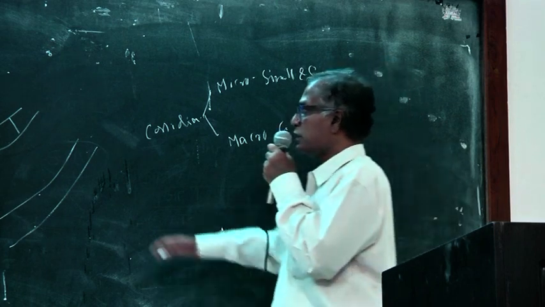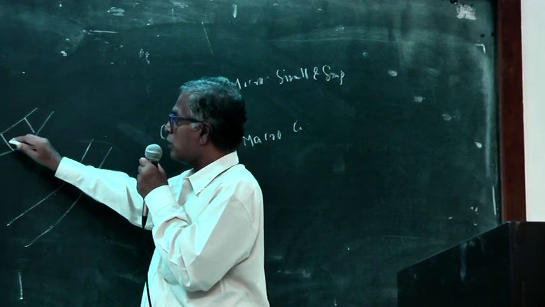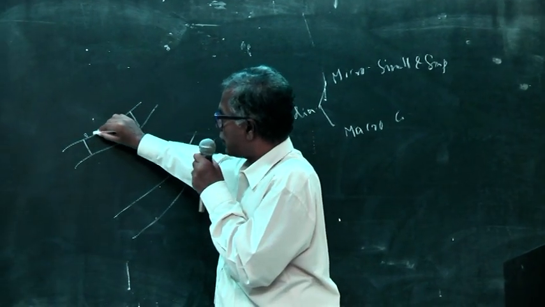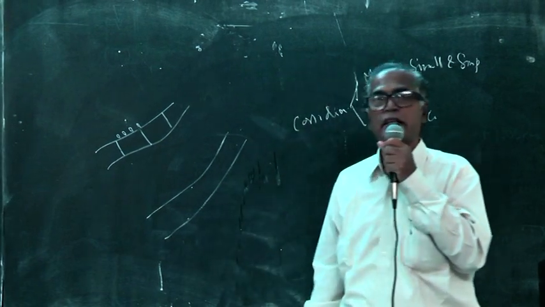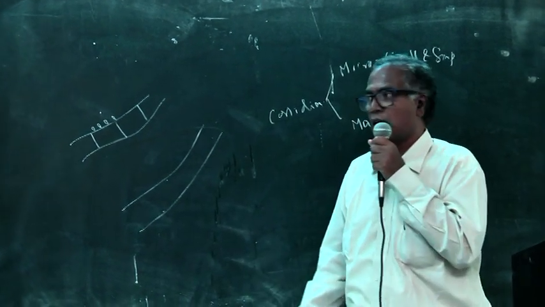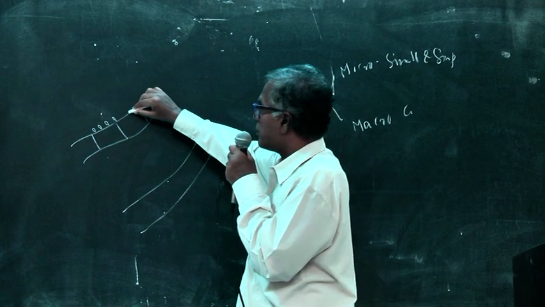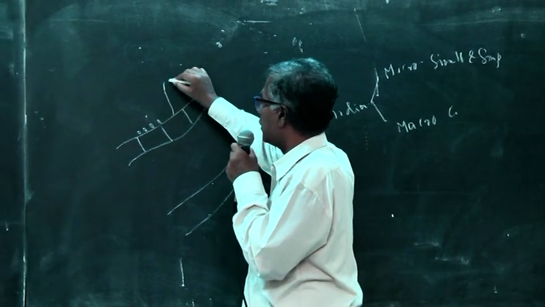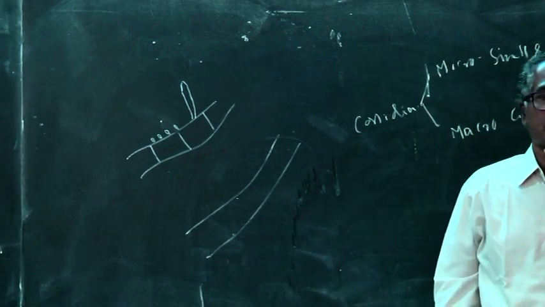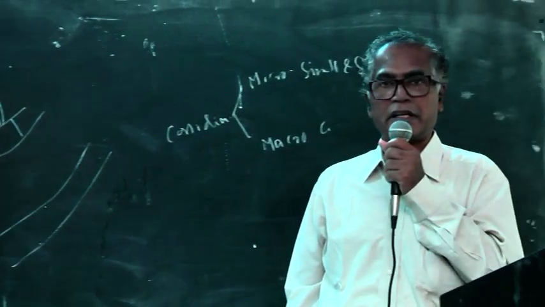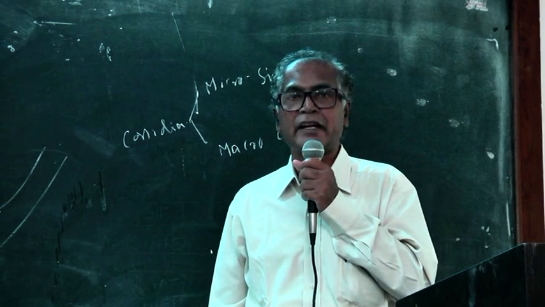For example, this is the hyphae. On this hyphae there may be development of some small conidia called microconidia, and also big structures called macroconidia.